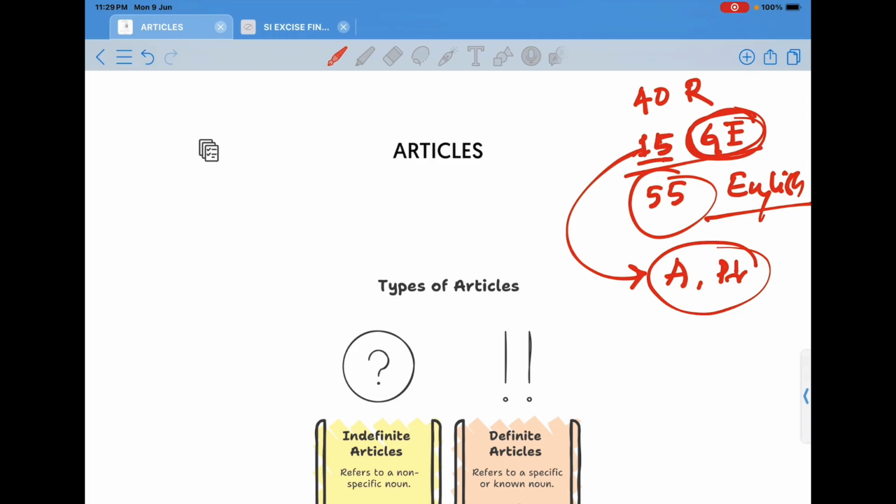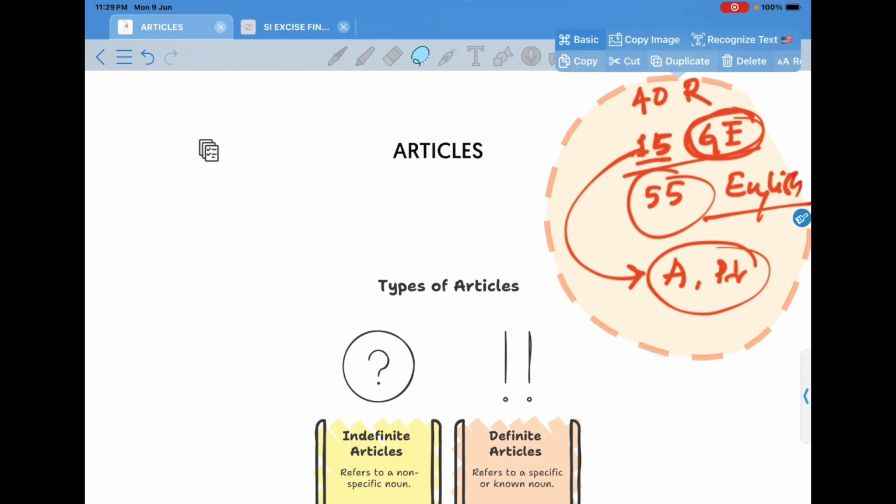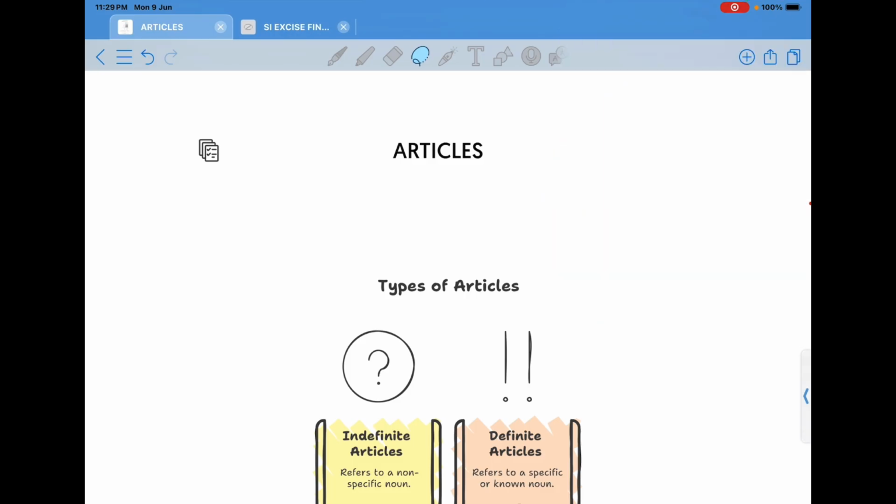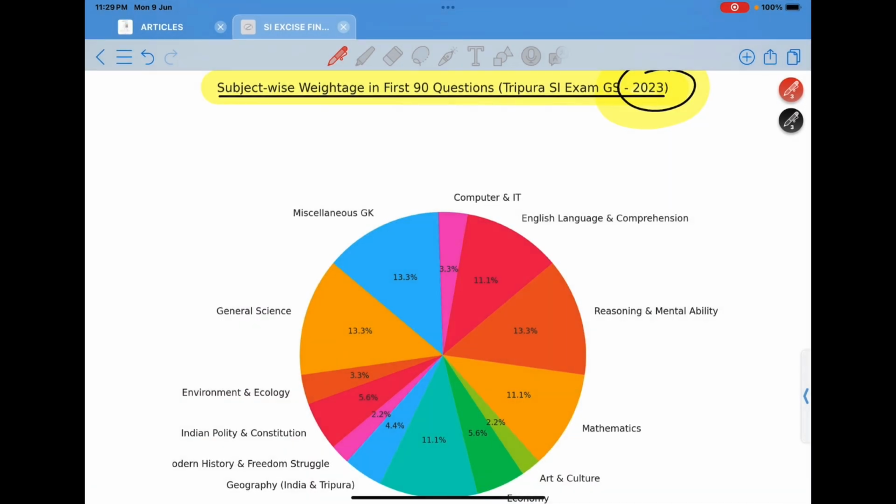For that, we need to analyze the question paper. In the previous video I analyzed the question paper. After analyzing it I made this, and here you can see one portion, English language and comprehension.